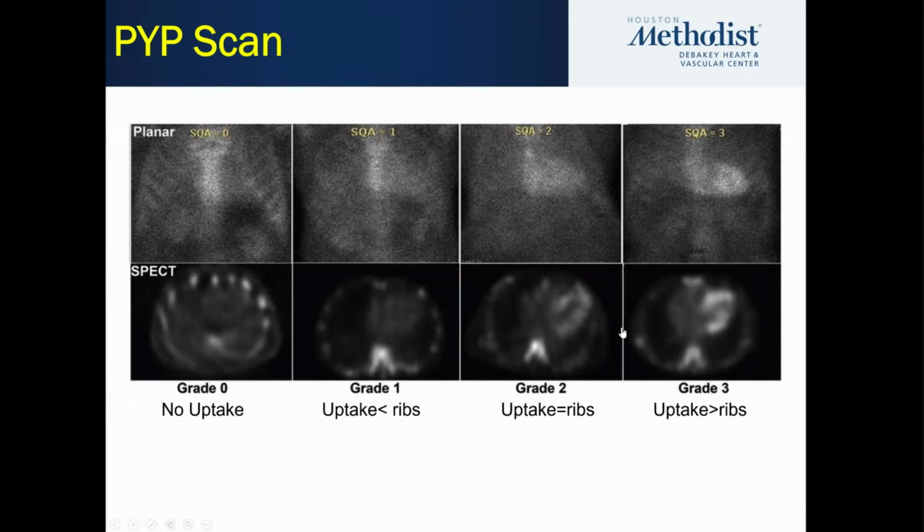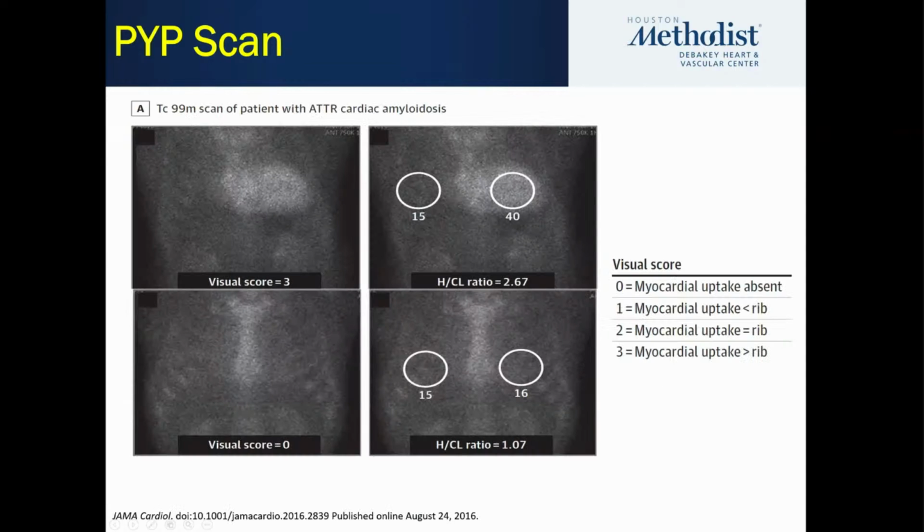Now, as you know, in cardiology, we like numbers, we like heart rate, blood pressure, wedge pressure, so we want to come up with a number. So the convention that was used is that you draw an ROI, a region of interest, over the heart, you draw an ROI over the contralateral lung, and you measure the ratio of this one versus the other one.